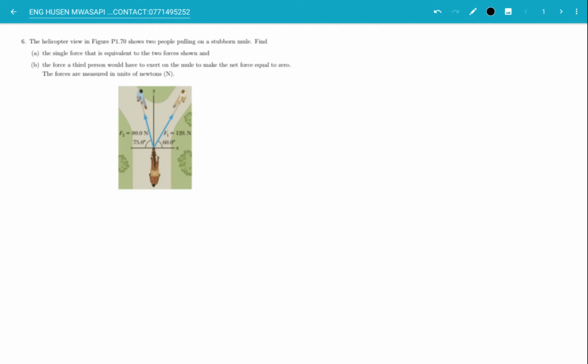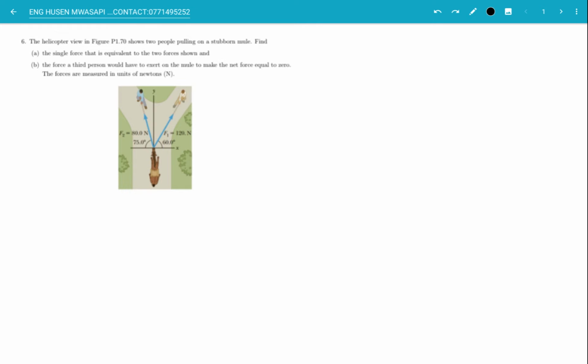It says that the helicopter view in the figure, as you can see, shows two people pulling on a stubborn mule. This one is the mule and these two are the people.